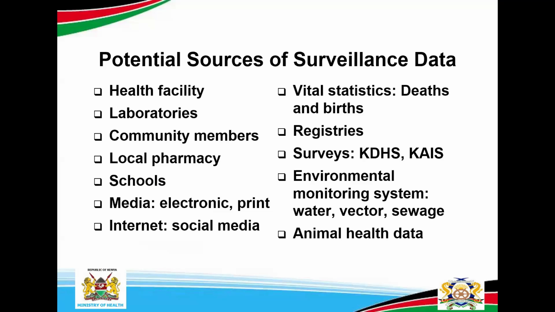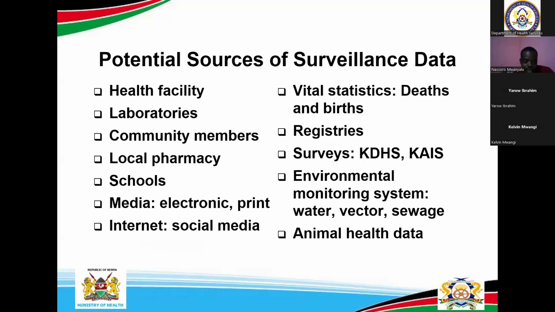Then the media, which can be electronic or print media. For now, most of us use the media to get to know if there is an outbreak in a particular area. Sometimes the media are more proactive than the surveillance officers or the healthcare systems, and they pick up issues faster than the healthcare workers.